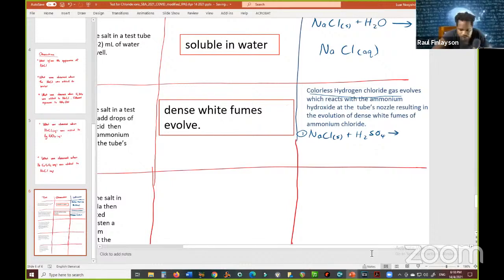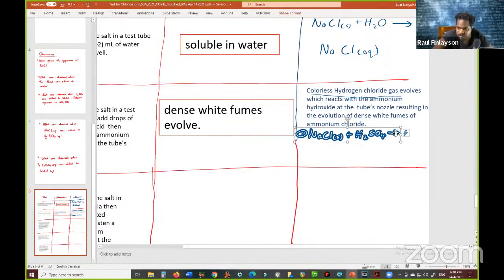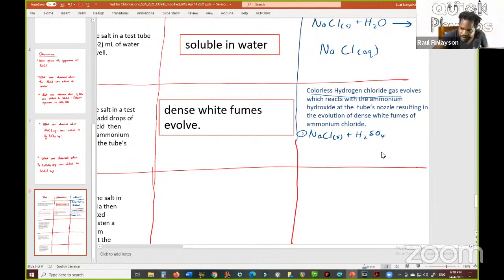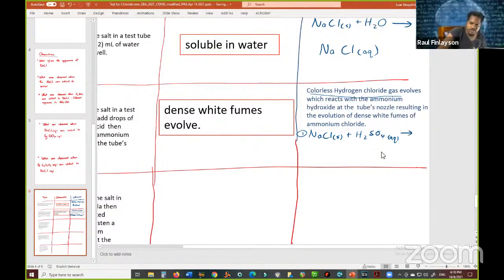Now, before you even put this arrow here, the sulfuric acid was in liquid form. You know, acids are always liquids, really. So aqueous is the state symbol there for the acid. But these two reacted, and the reaction is that the sodium, well, you're going to get what?